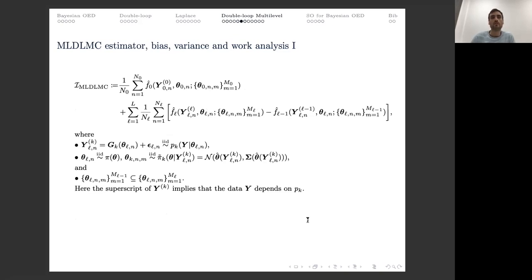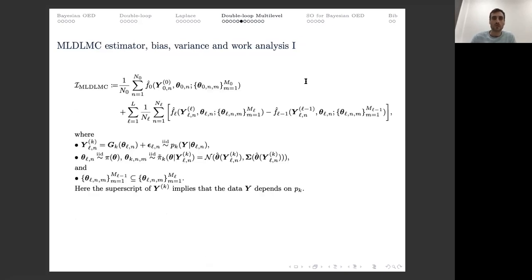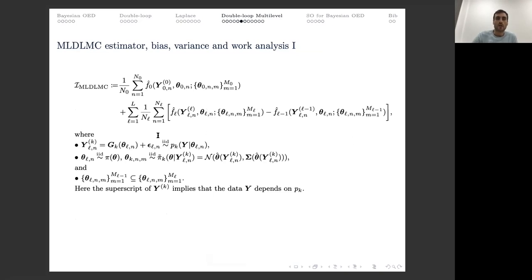Now we can define the statistical estimator, multilevel double loop Monte Carlo. This statistical estimator is basically the sample version of the first expression that we have here. The first term is for level 0, which means that there is no difference; when we are in level 0, we only use the functional Z_L.